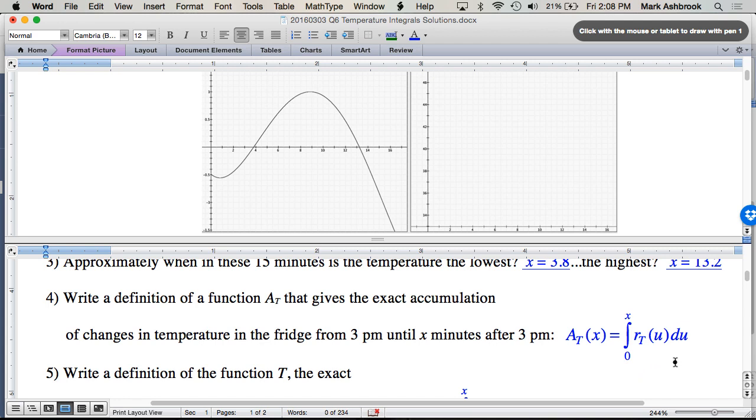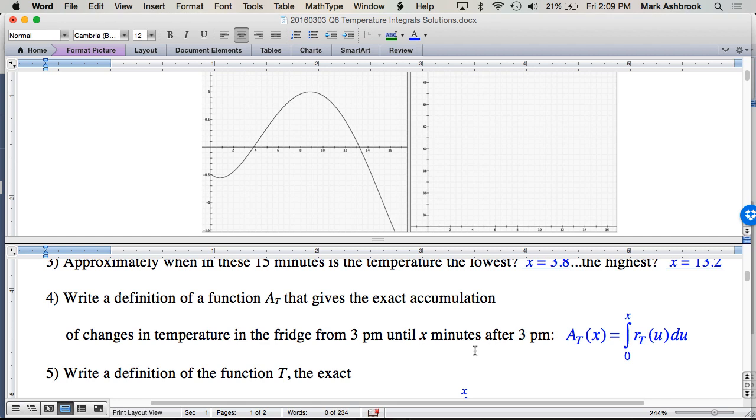So when delta x gets super small, we've got this much nicer expression to represent exact accumulation. So now when we want to write an exact net accumulation function, we want to use the integral. I did specify with the delta x. Okay, so it's correct, but it's just not the desired form, right?